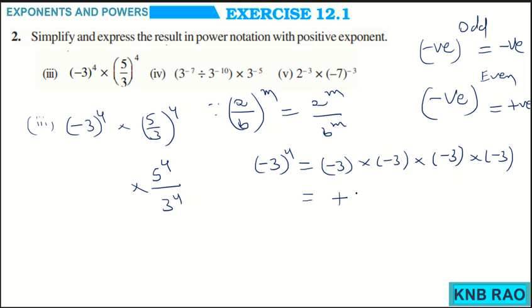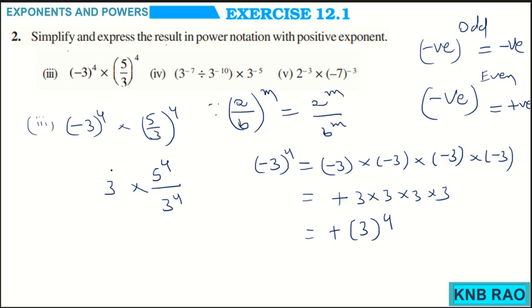In one way, I can write 3 into 3 into 3 into 3, because the sign of this product becomes positive ultimately. So now this is positive 3 raised to the power 4. So minus 3 whole power 4 is the same as 3 raised to the power 4.